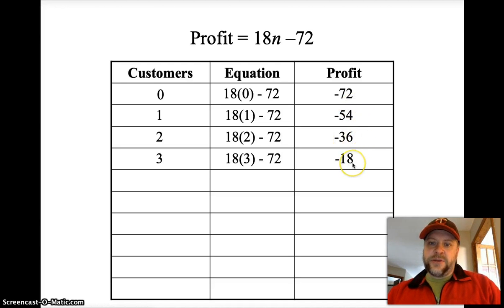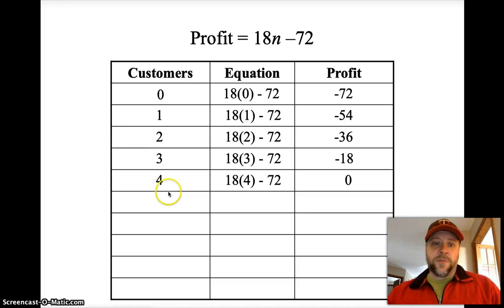So I can actually make a prediction. She goes up by 18, up by 18, up by 18. And that makes sense because every time she gets a customer, she gets 18 more dollars. So let's make a prediction. If she's at negative $18, I'm going to predict that the fourth one, 18 times 4, the fourth customer, minus 72, is going to make her $0.